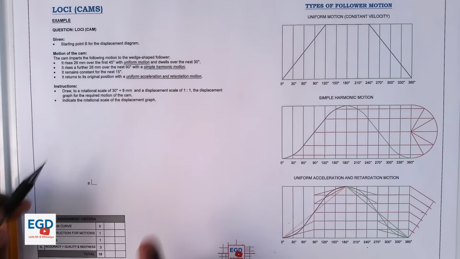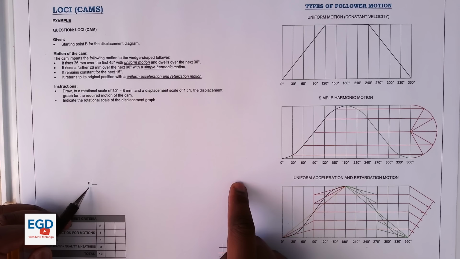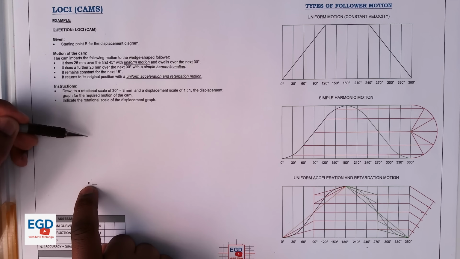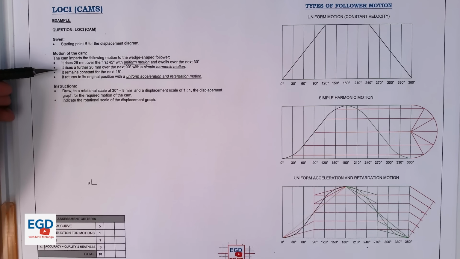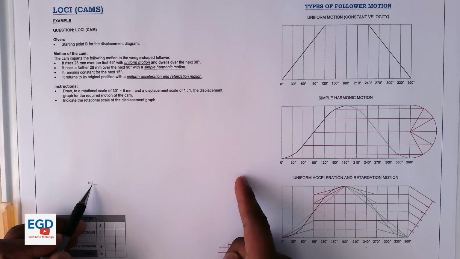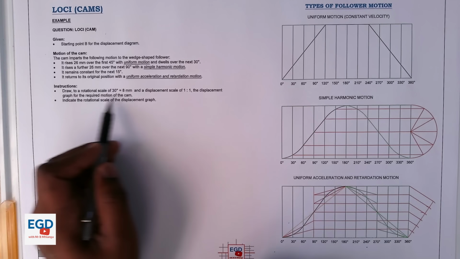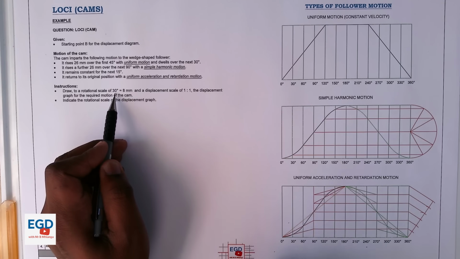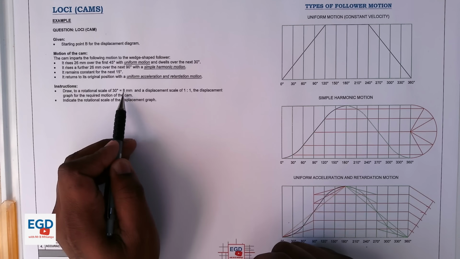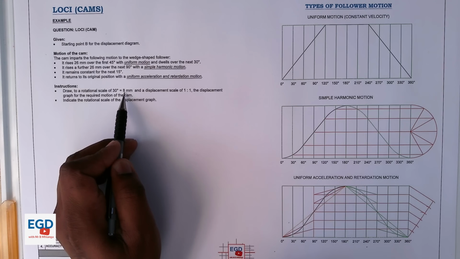So now the question is, how long is the graph and how high is the graph? It's simple because we are given everything here. How long is the graph? We'll just look at the rotational scale. We are given that for every 30 degrees we'll have a distance of 8 millimeters.